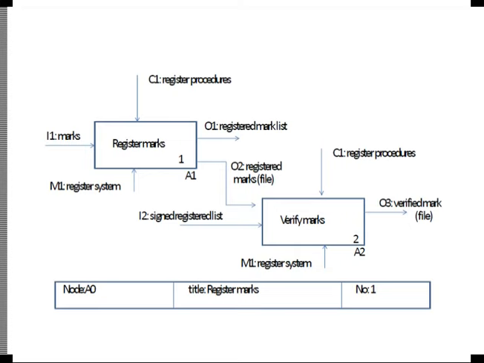I sign it, I put my signature to it, and then I hand it over for this activity, the second one. So what you see is that input 2 here is this list but signed by me. I put my signature under it.